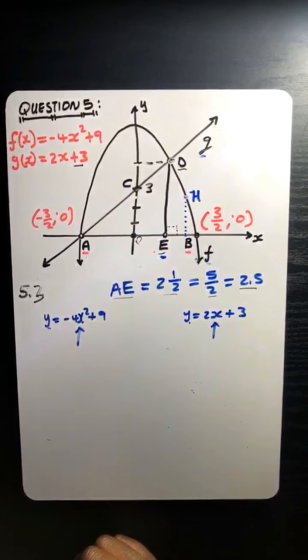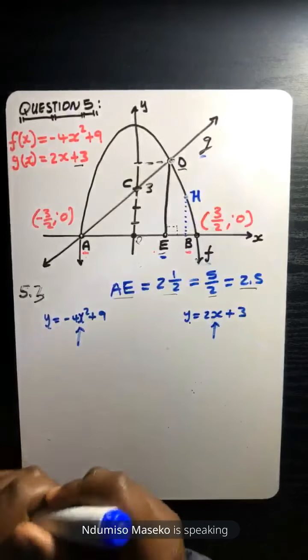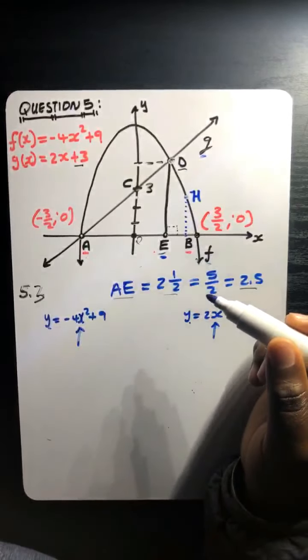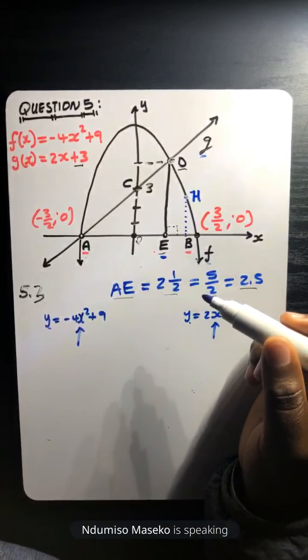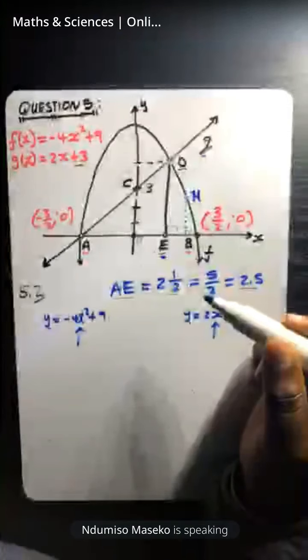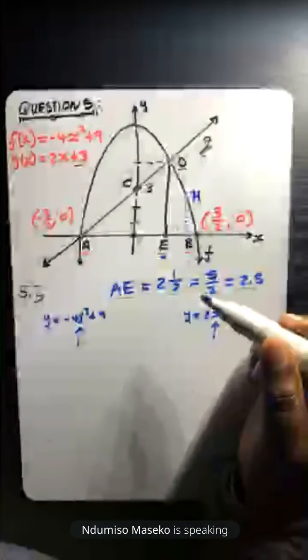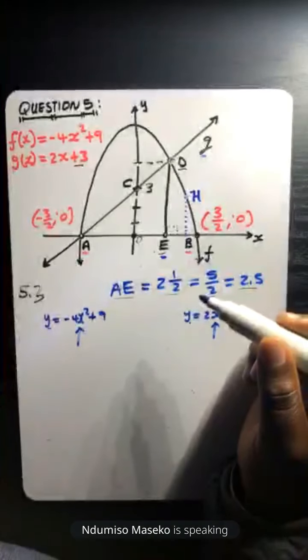Then we can use those coordinates because we would have the coordinate for D. Then we can use the distance formula. Although, we cannot really use the distance formula because it's a straight line. Therefore, we can just add the two values.